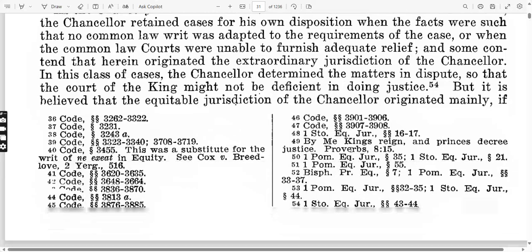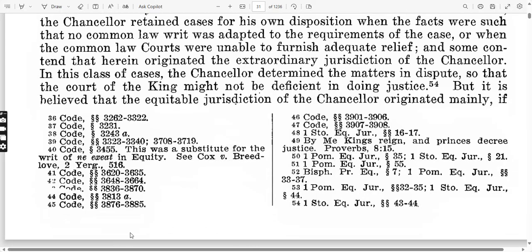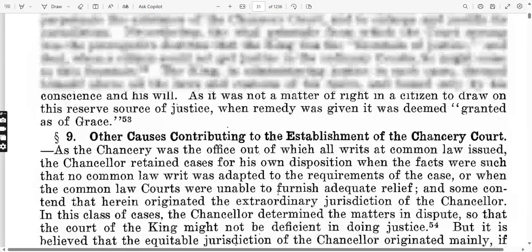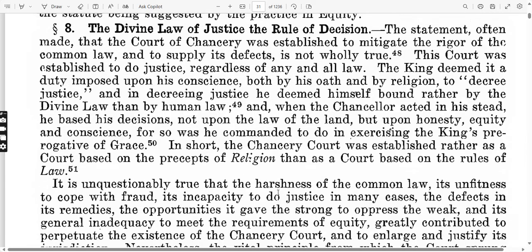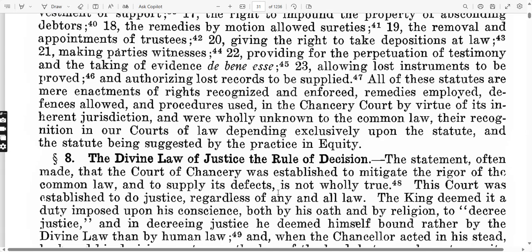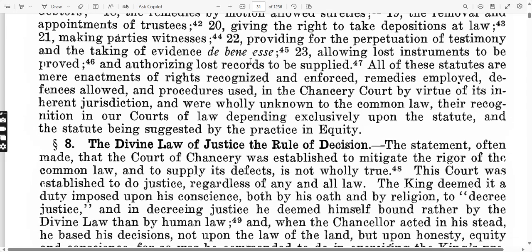It says 45. Let's see, 45. They're talking about code. Okay, cool. Okay, where am I? Okay, here I am, right here. 23. Allowing lost instruments to be proved and authorizing lost records to be supplied.